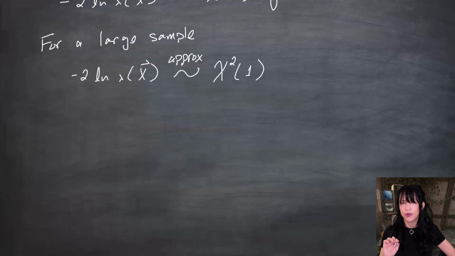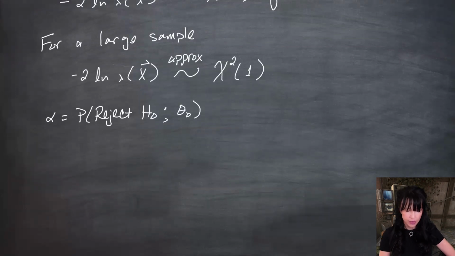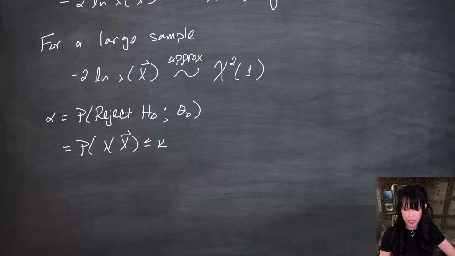Okay, so what is going to be the final rejection rule? Alpha is the probability we reject a null hypothesis when it's true, because we just have a simple null hypothesis, so there's no maximizing. This is the probability that lambda of x is less than or equal to k when the null hypothesis is true.